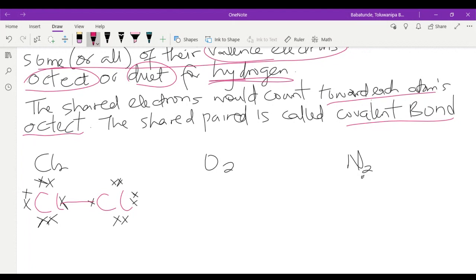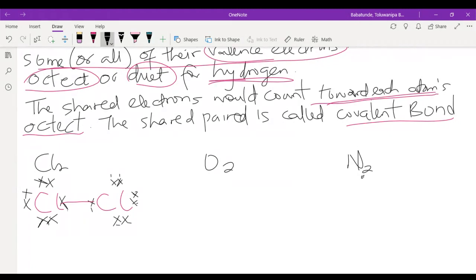We now say the shared electrons we count towards each atom. So I have 2 electrons here because chlorine wants to be an octet. So I have 1, 2, 3, 4, 5, 6, 7, 8.